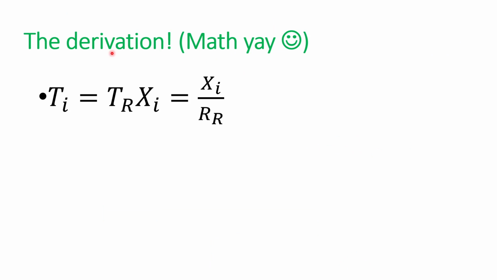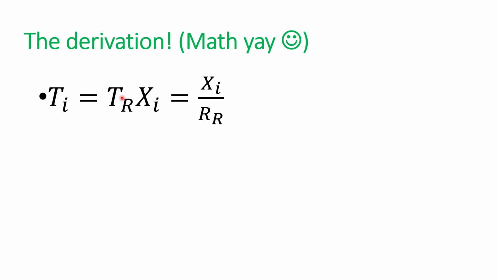Alright, so time to hit up the derivation. This is going to look complicated, but it's actually not that bad. I'll try to walk you through it and hopefully get to the end where it all makes sense. I'm always going to be using the subscript I for inspiration. So big T is time, and this is the time that someone is in inspiration.